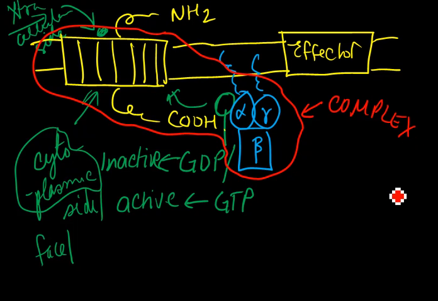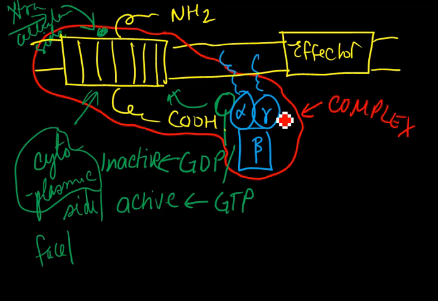Now the interaction with the receptor induces a conformational shift in the alpha subunit of the G protein, causing the release of GDP, which is followed by the binding of GTP. The G protein is activated. So now we know that this thing is happening. It is bringing it close to the receptor, but at the same time, what is happening at the G protein level?